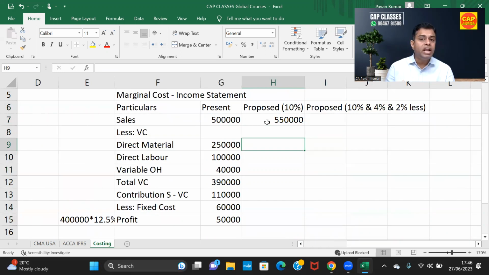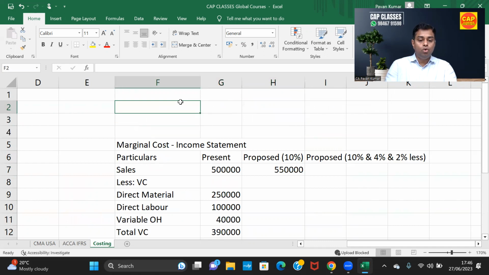Remember one very important rule here. Selling price increased. Direct material will not increase from 2,50,000 up. But if quantity, volume increases, this will increase. Okay. Now, this is a very important rule.